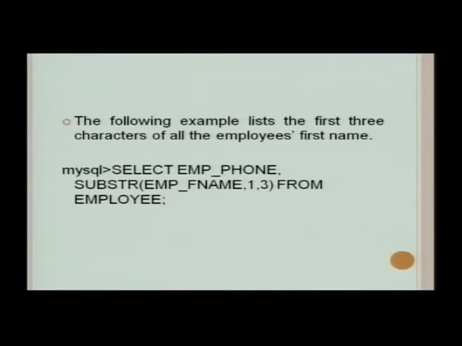So, select emp_phone comma substring. Employee first name is the source string that I am taking, the start position is the first position, so I am mentioning 1, and the end position is 3.